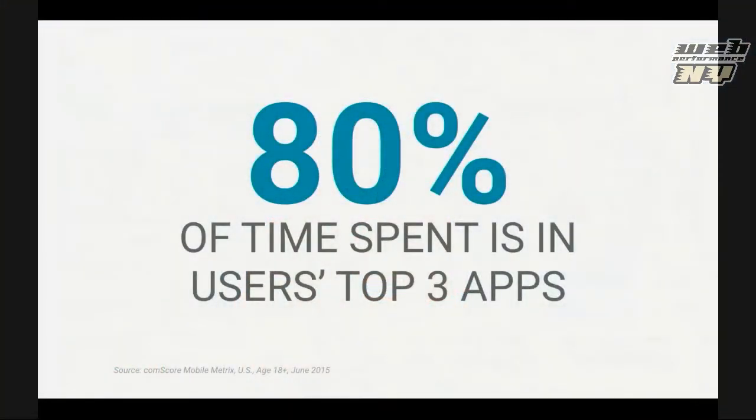And you might take a look at this and think, okay, just go and build native apps. It's hopeless. But there is a flip side to this, and something that folks need to think about. This is another stat: 80% of users' time is spent in the top 3 apps that they have on their phone. App usage is really, really highly concentrated. So users tend to only use a few apps, leading to a winner-take-all situation.